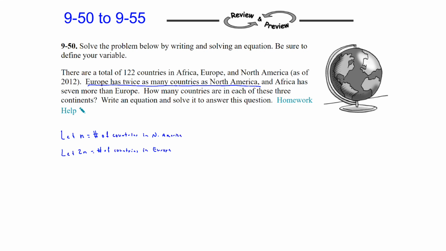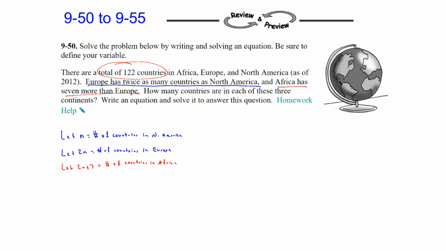And then as we read on, it said Africa has 7 more than Europe. Well, Europe has 2N, so we add 7 to the number of European countries, and we have the number of countries in Africa. Now we also know there are a total of 122 countries in all 3 of them.